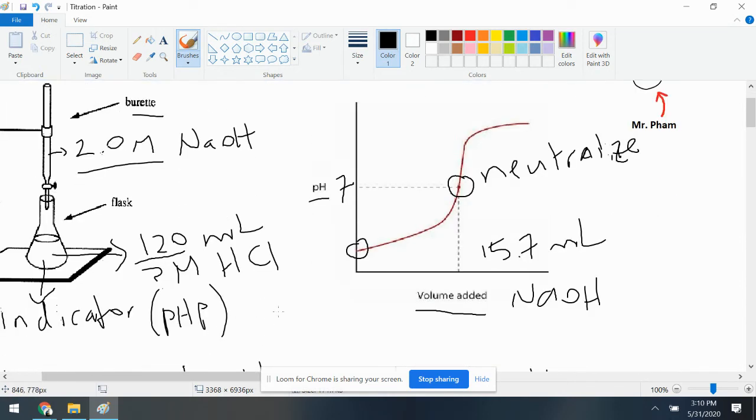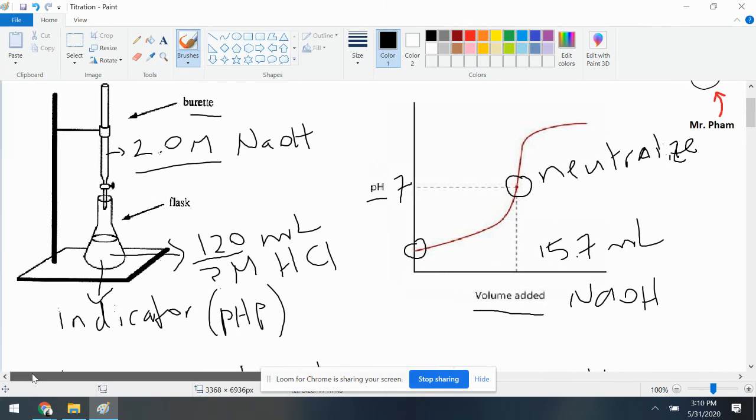Let's come back to the top again. Remember, our objective was to figure out the unknown concentration of this hydrochloric acid. I gave you at the beginning 120 mL. You slowly added a base to it, and you're given the known concentration, which is 2.0 molar. You're adding a base to the hydrochloric acid because you want to neutralize it to bring the pH up to 7.